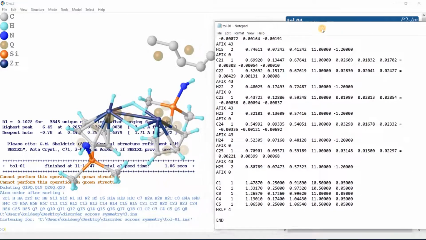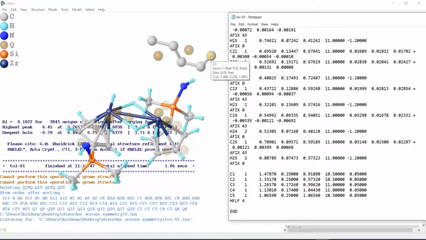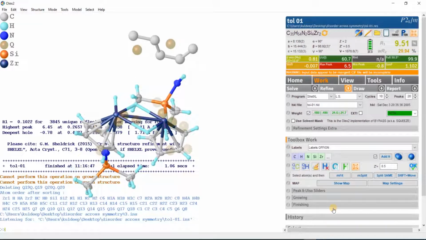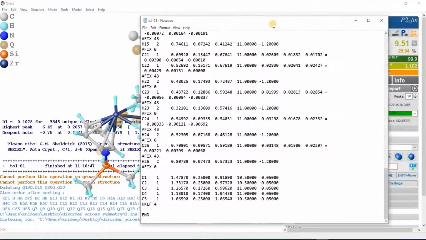So if I look at the structure, C5, C2 and C1, these atoms lie on the crystallographic mirror. So these are only half occupied.